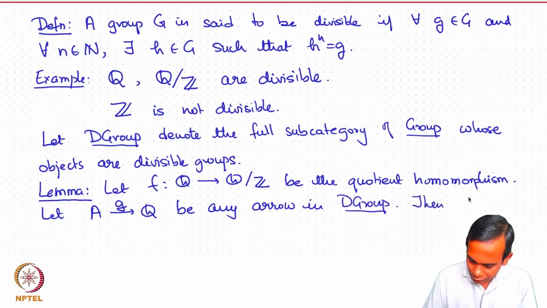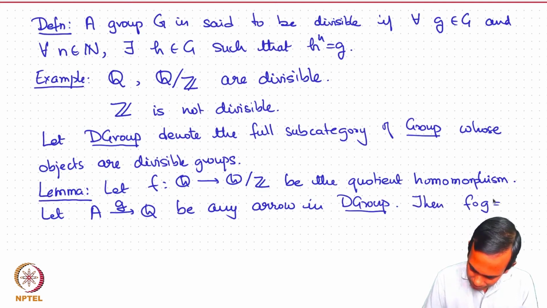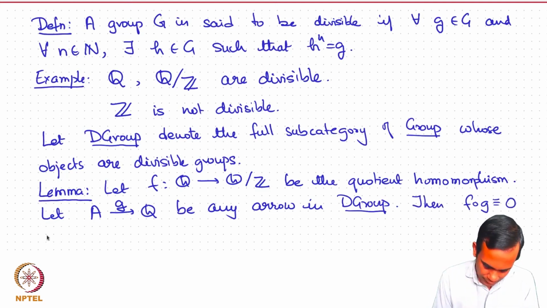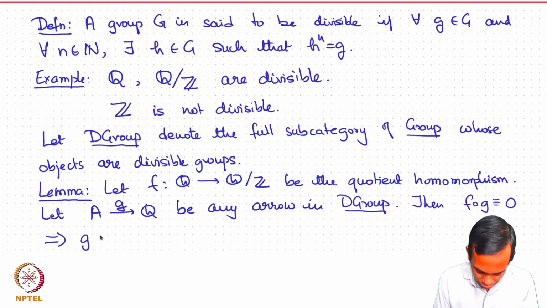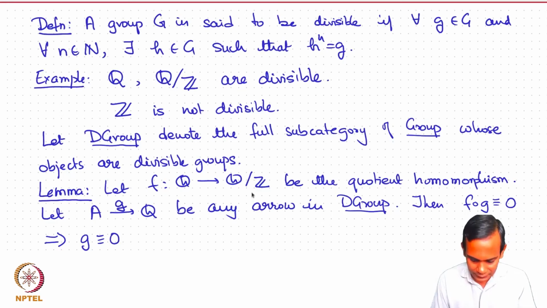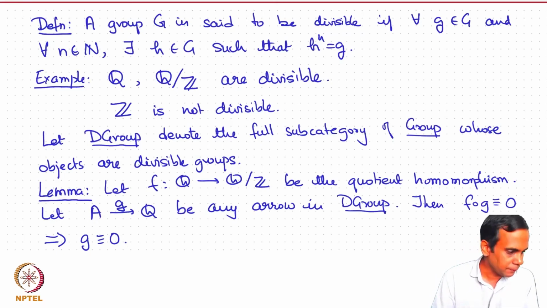Then if f circle g is identically 0, it implies that g is identically 0. So if f circle g, that will go from A to Q mod Z, is identically 0, then g itself, which goes from A to Q, is identically 0. Let's prove this.